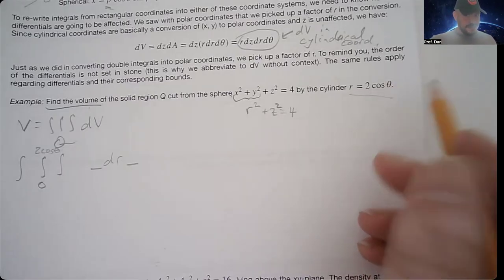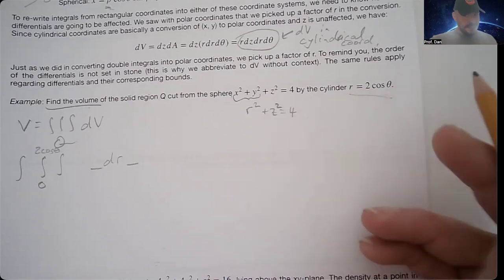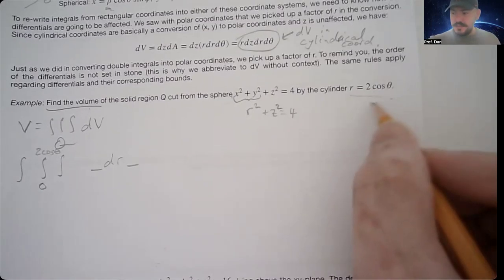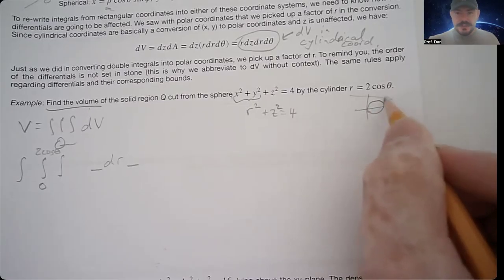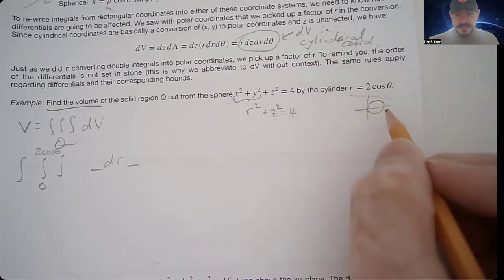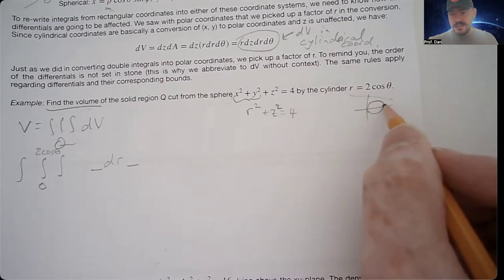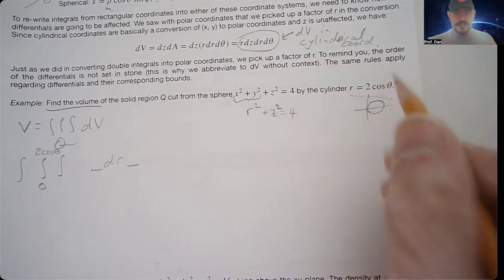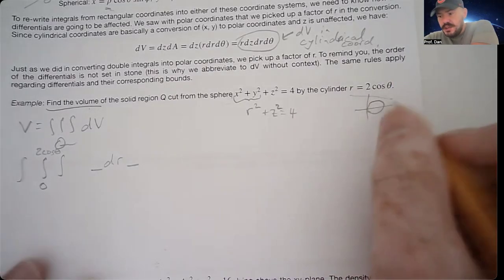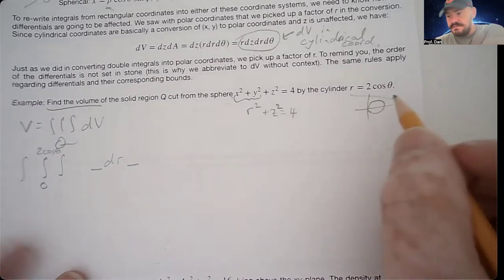Hopefully you emphatically said 0 to pi. This is one of those circles that goes in that direction, right? So if we talk about this as a cylinder, basically imagine the circle kind of shooting up and down above and into the paper, and that makes a cylinder.